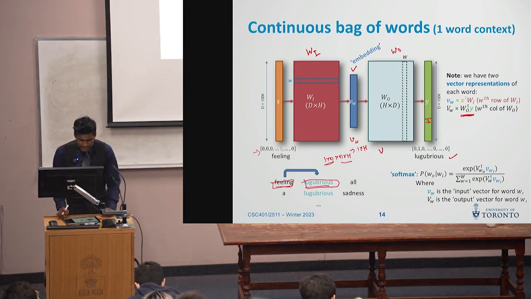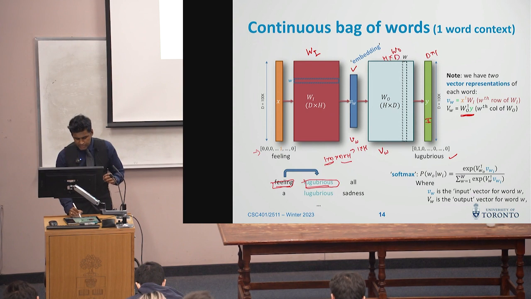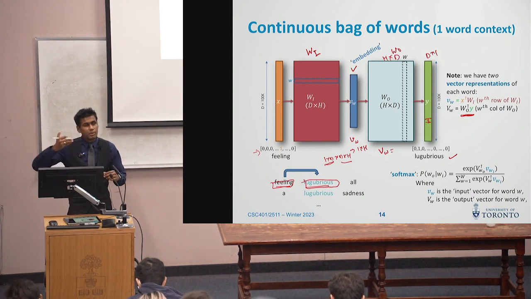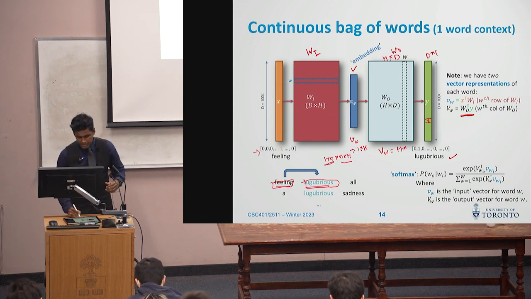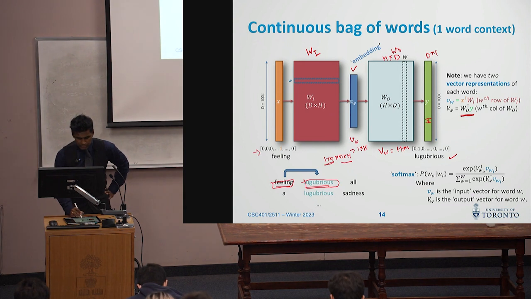Since it's just a two-word context window, we're trying to maximize this probability: given the input word, the output word we're looking for. This is the softmax function for bigrams, the probability of the output word given the input word. So we'll be trying to maximize this.